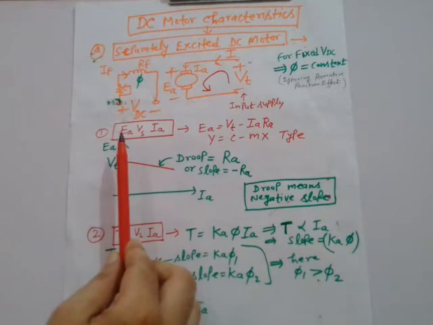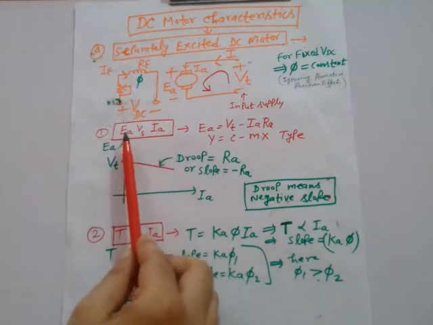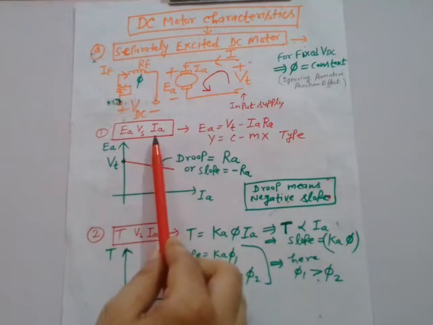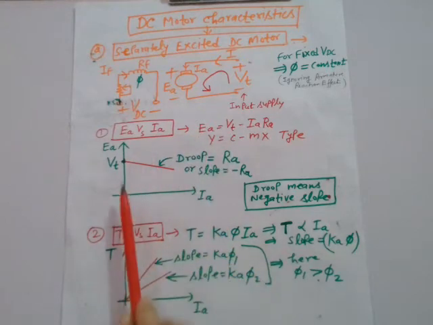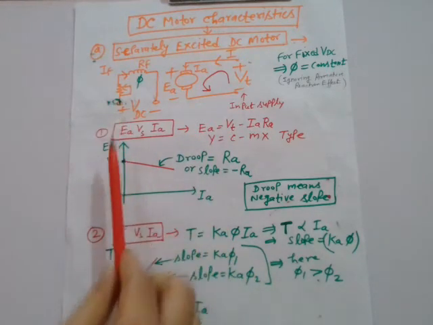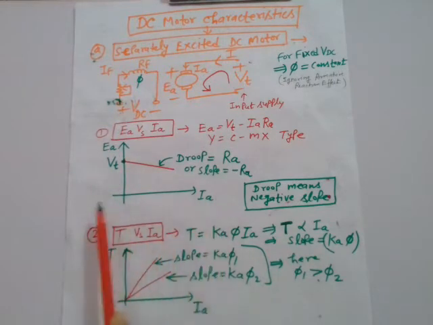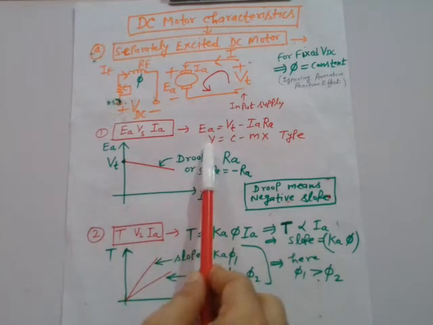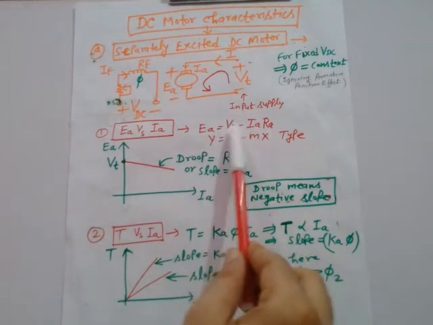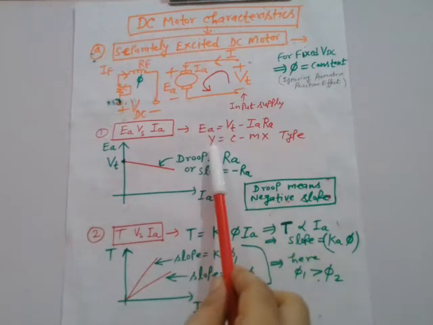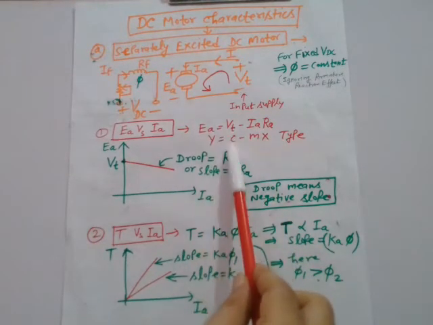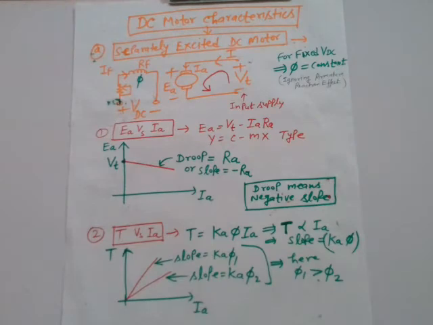So you have to plot a graph between EA, that is armature induced voltage, and armature current IA. So EA let us plot on the vertical axis, right, and IA let us plot on the horizontal axis, right? If you analyze the nature of this equation, EA is equal to VT minus IARA, then you will come to know that it is Y is equal to C minus MX type equation, right?